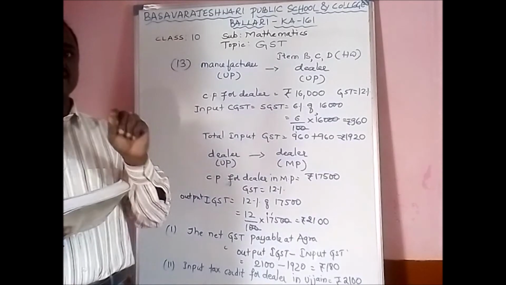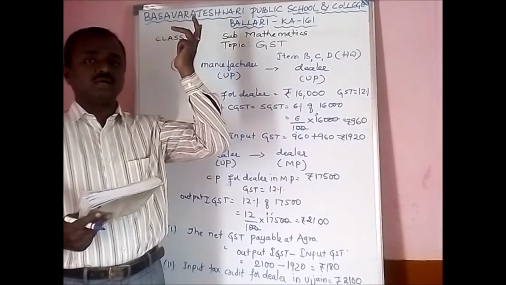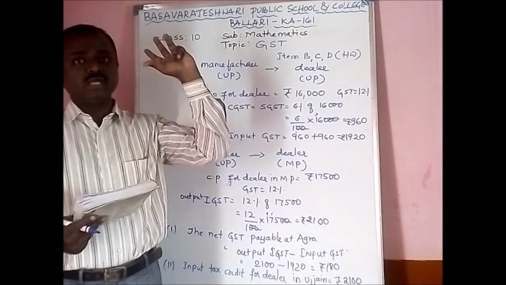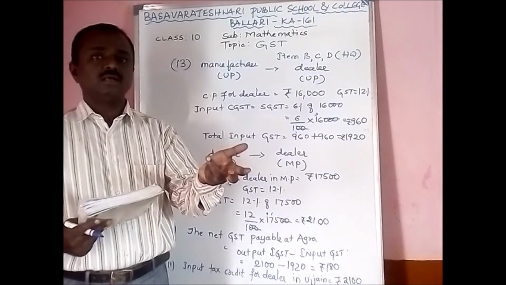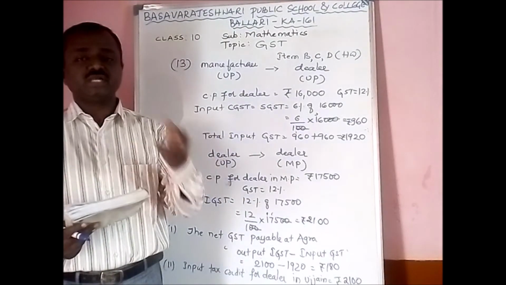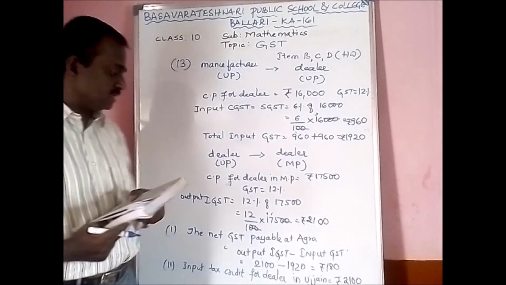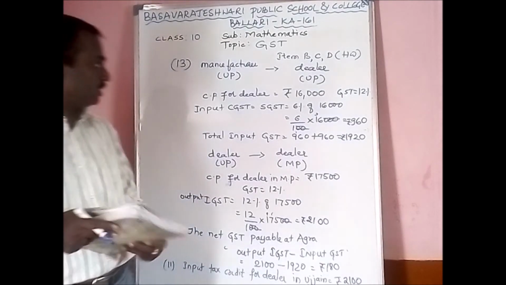It avoids taxation over taxation. He has already paid some input GST to the government, so that amount he can utilize to pay tax like CGST or SGST or IGST in further transactions. So this is the second answer. Note down this point.